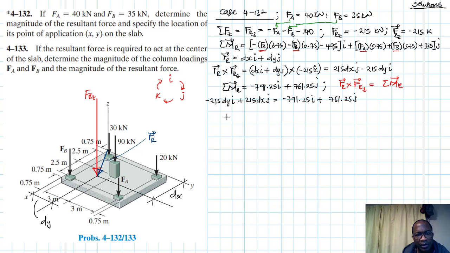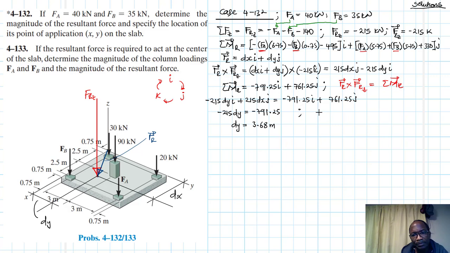Therefore, minus 215 dy will be equal to minus 791.25, and our dy is just going to be equal to, let's plug it in, 791.25 divided by 215. This gives us 3.68 meters.